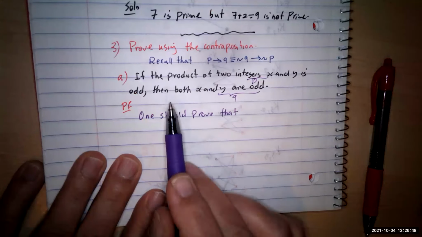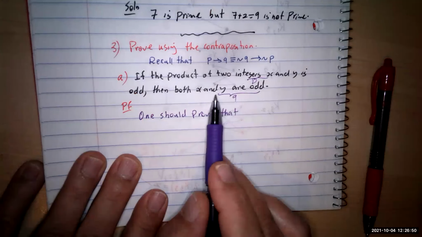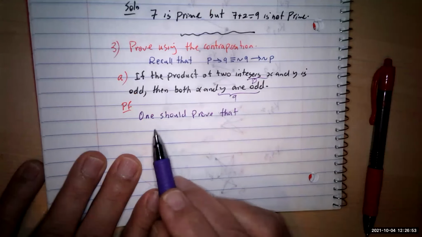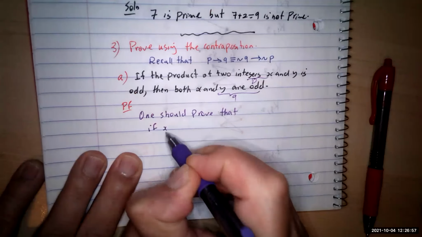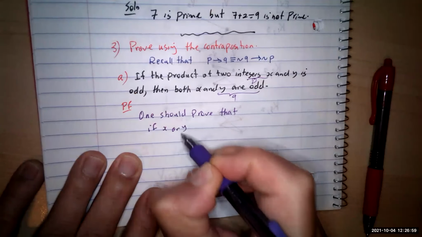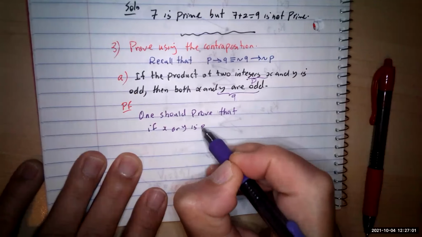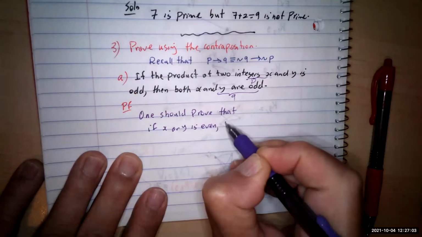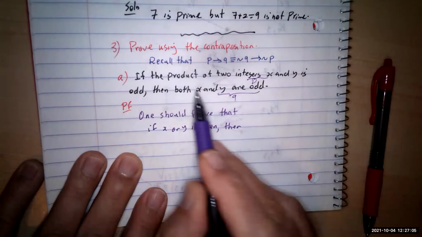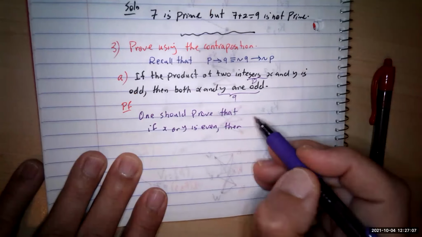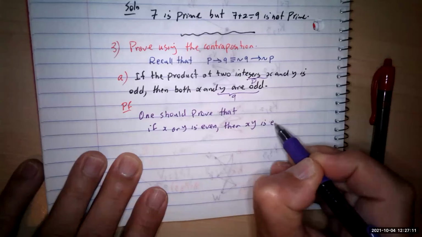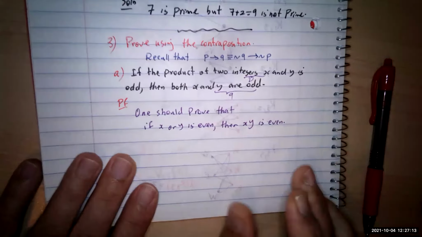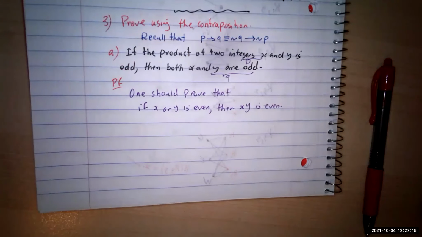Yes, the negation of 'and' would be 'or'. So one should prove that if x or y is even, then the product of x and y is even. It is very important to put it into the correct format.